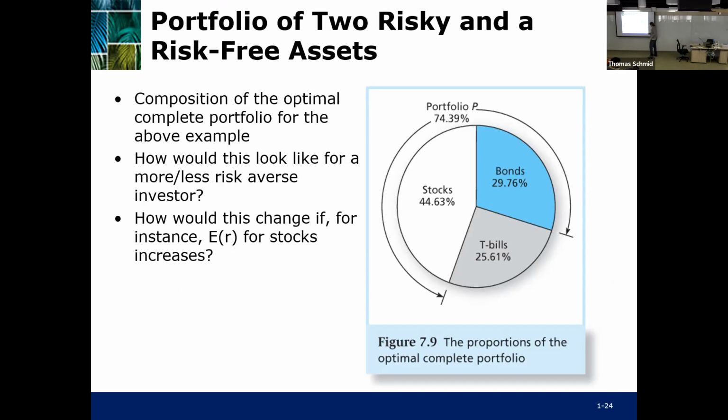But the nice thing is, once we calculate the optimal risky portfolio P, we can use that for all different investors. So we have a one-time calculation of the optimal risky portfolio P, which is in a way analytic. And then if you're an investment advisor, you can use the same optimal risky portfolio for all your clients.